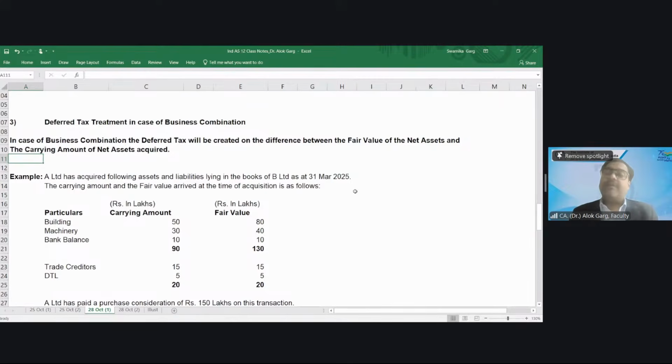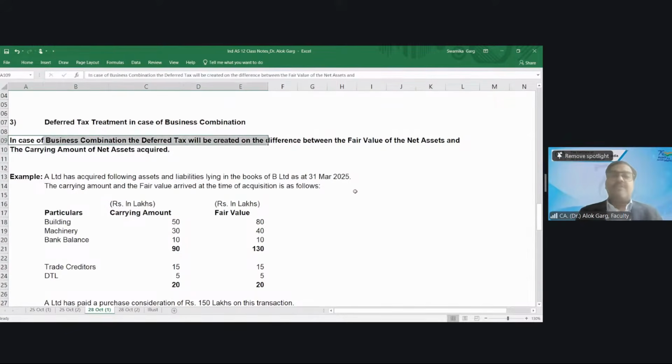But if I talk about Ind AS 103, the value in the books of the acquiree will become different when it reaches the acquirer. So there is a difference between the value sitting in the balance sheet of the acquiree and the value absorbed by the acquirer. When this temporary difference happens between the carrying amount and the fair value, what is the deferred tax implication? Let me talk about that.